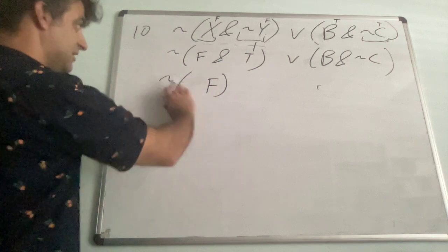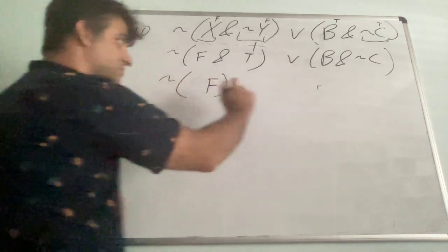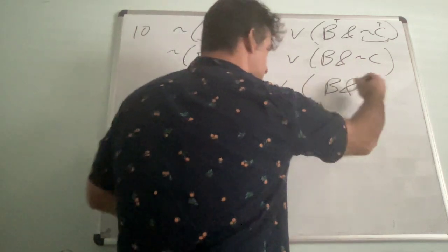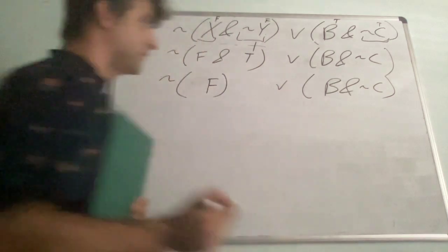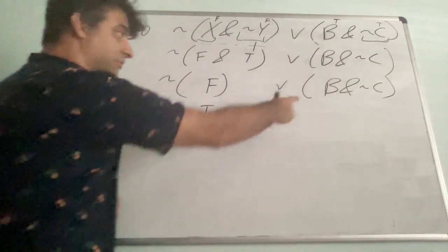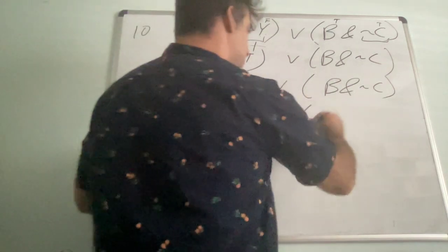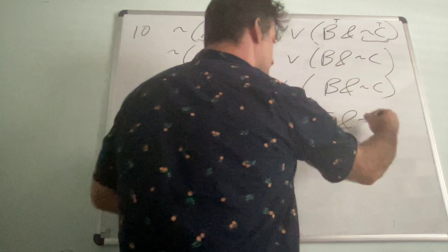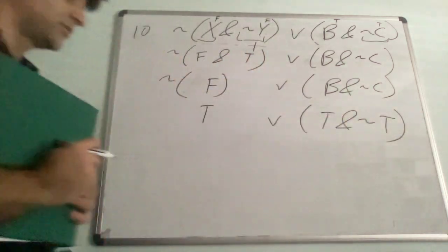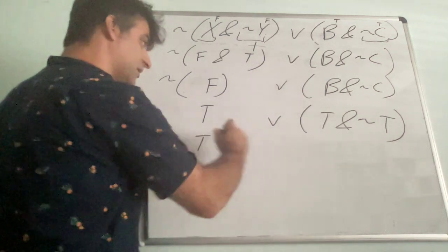So you have not false. You wouldn't need this parentheses, but just to keep it the same. Not false, negate false. Or, again, we're just going to deal with one thing at a time, B and not C. Now, not false equals true. Now we can deal with this right side. B is true. C is also true. True and not true. We got true over here.